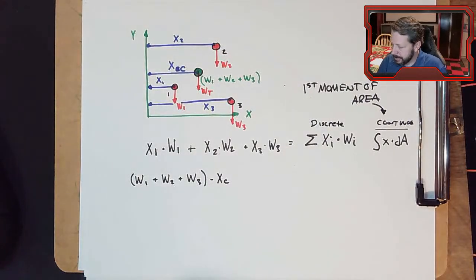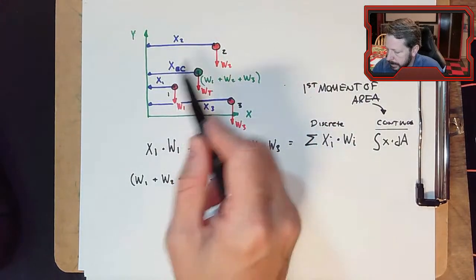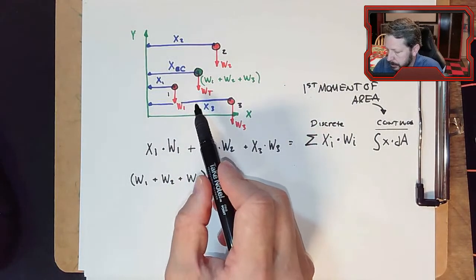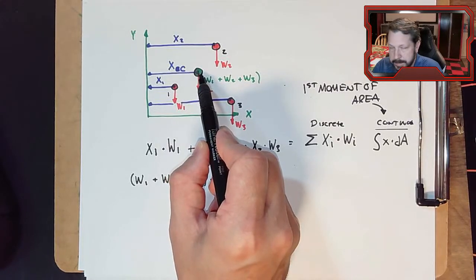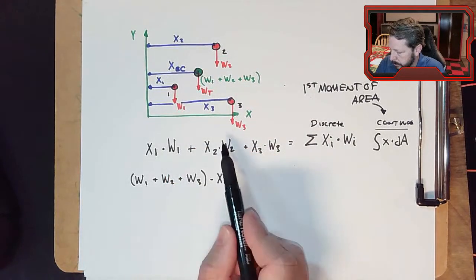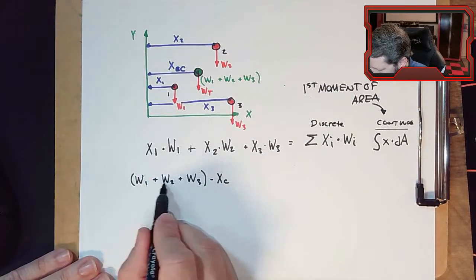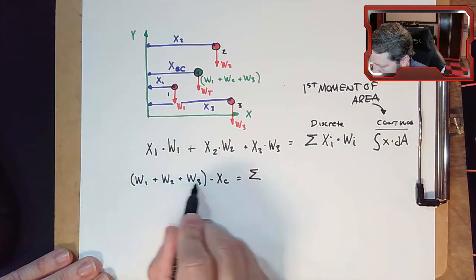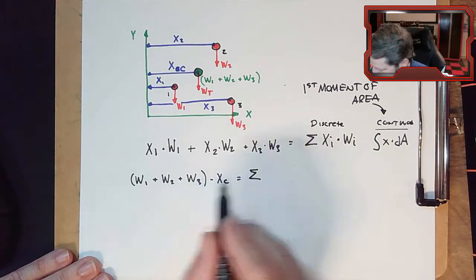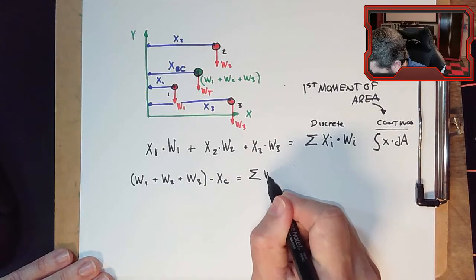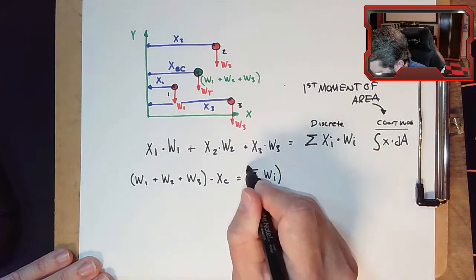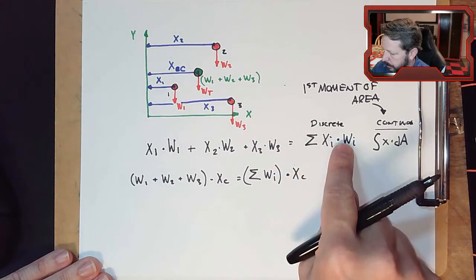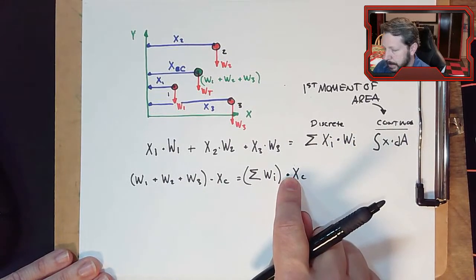What I'm saying is that the combined effect of all the red dots, or their moment of area, I want to replace with one green dot that has the same effect. So I set these two equal to each other. So let's just say that this would equal the summation of basically all of the W's, so summation of Wi, that term, times XC. I want to set this equal to this because I want them to basically be replaceable with one another.